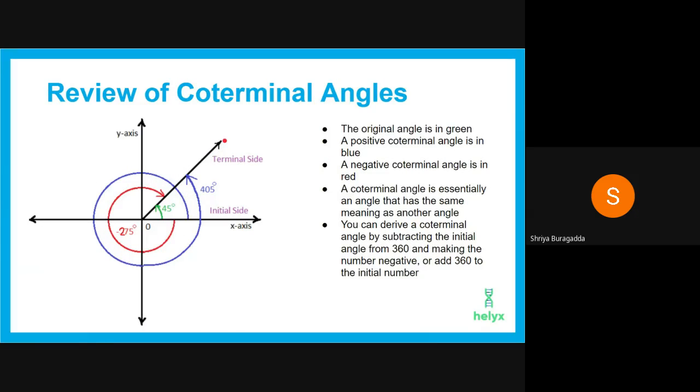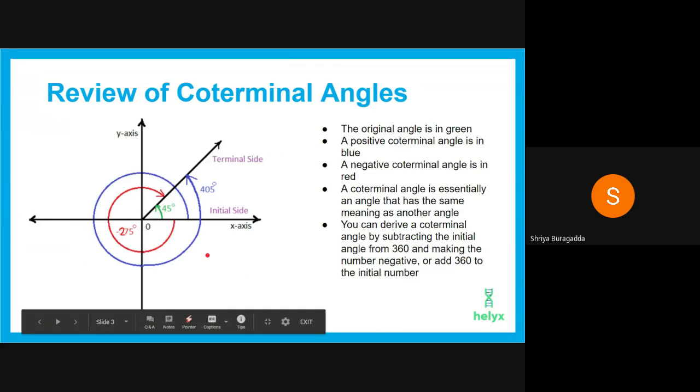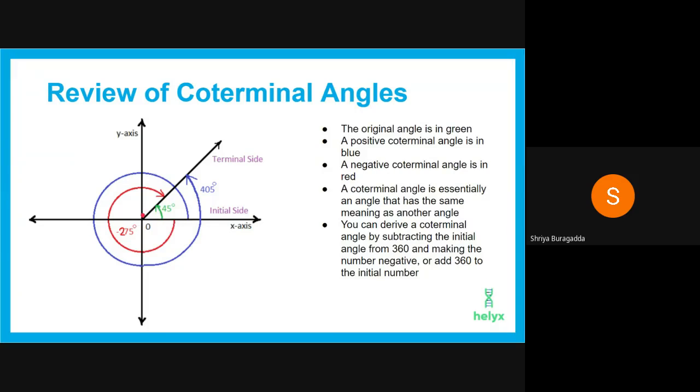Okay, and I think Derek and Minnie covered this briefly last week, but there's something called coterminal angles. So in this drawing here, the original angle is in green, and the initial side is the right portion of the x-axis right here, and then the terminal side is the part that the angle goes up to.